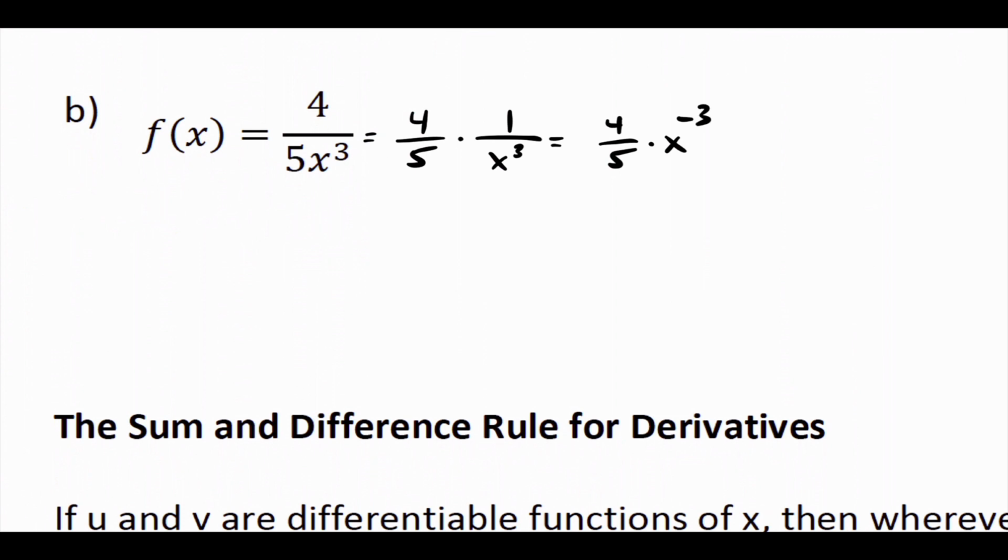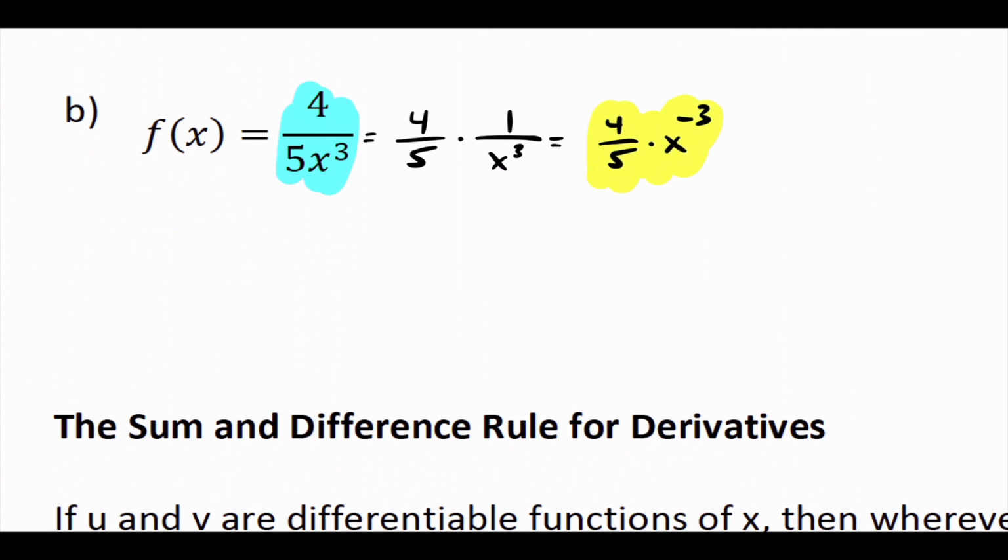Once you do that, power rule's easy. You're like, oh, okay, I know what to do now. The hardest part about using the power rule is sometimes you have to kind of manipulate, change them a little bit so you can use the power rule, right? Over here, I couldn't use the power rule yet. Over here, I can.